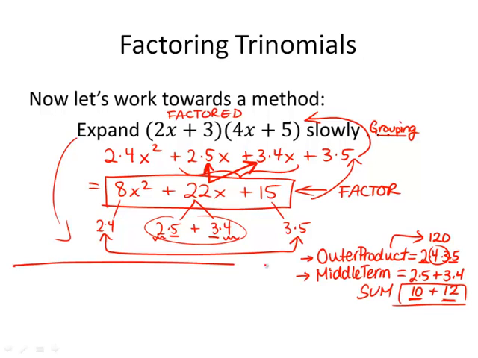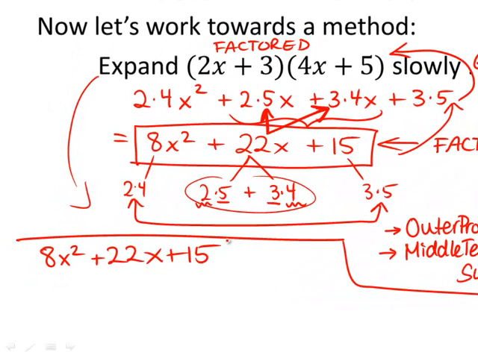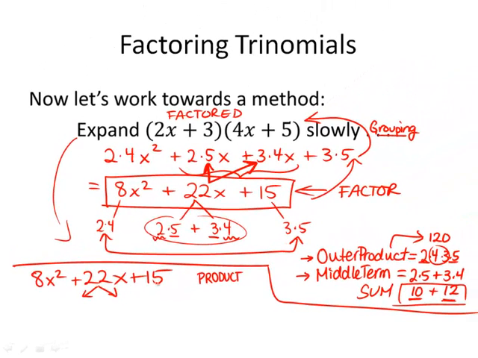Okay, so if you were just taking a look at 8x squared plus 22x plus 15, you would say, what's my product of the two numbers that are going to help me split this into a grouping question? The product is 8 times 15. And 8 times 15 is 120.